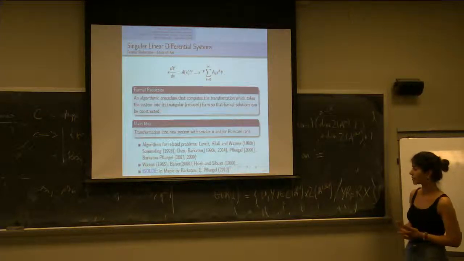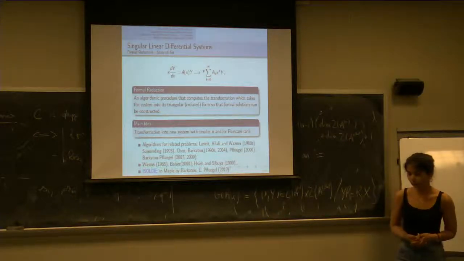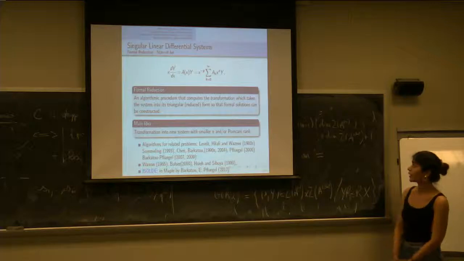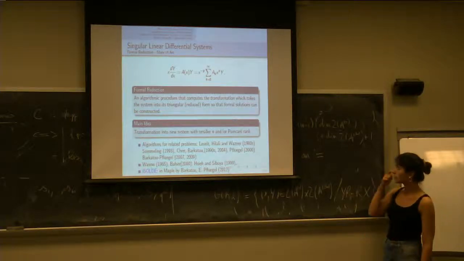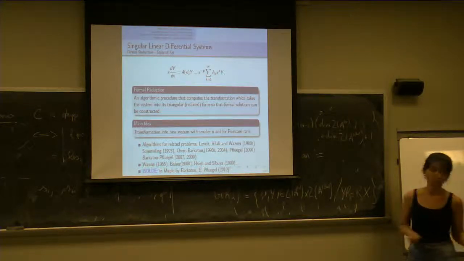And these algorithms led to the package Isolt, which is written in Maple by Barcato and Fugel, and which is based on this Moser-Barcato algorithm, which I will explain now. And it is dedicated to the formal reduction of such systems.